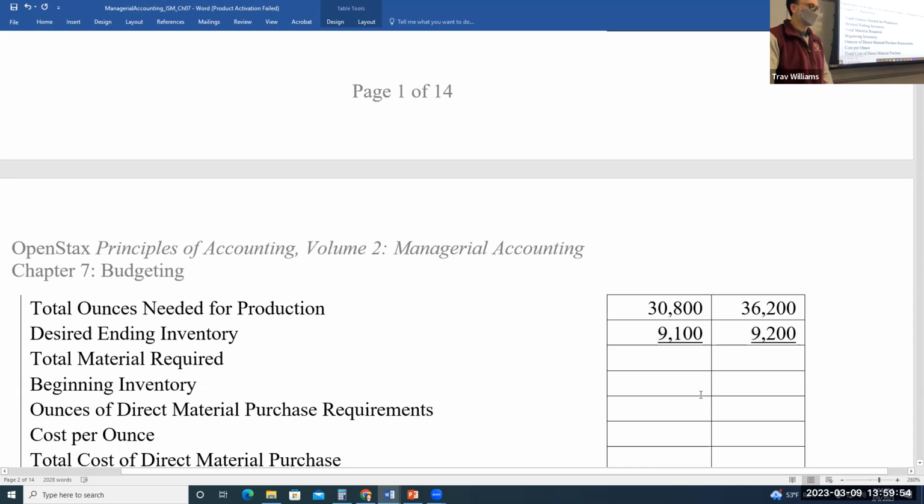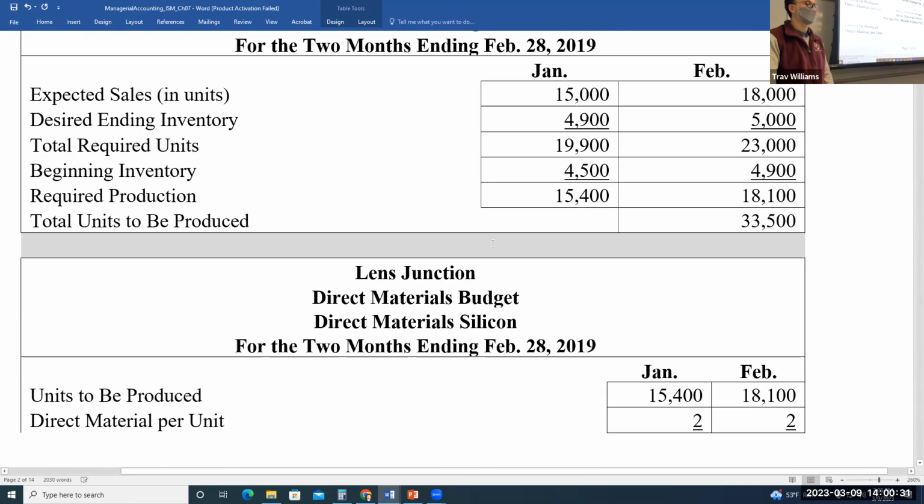So how do we get the total material required? Add it. Yep. Because it's saying for this month's production, we need this much, plus we want to have this much left over, so we have to add it. But beginning inventory is what we already have, so we have to subtract that so we don't buy more than we need, right? Okay, so beginning inventory for January and February, again, we can go up.